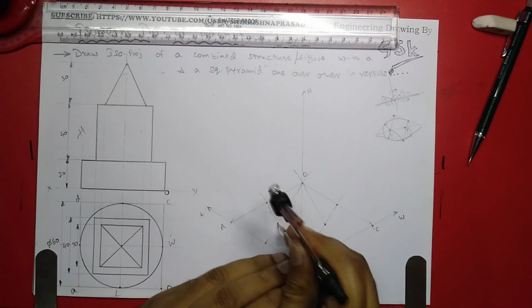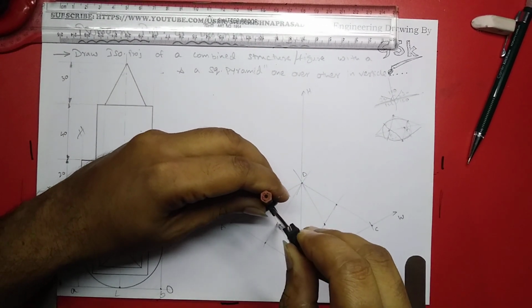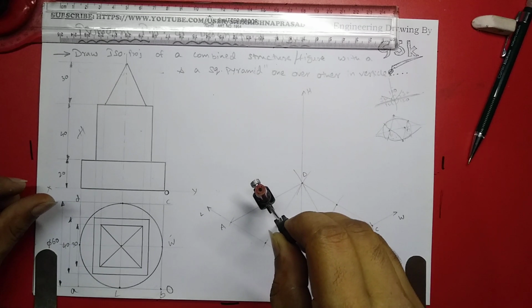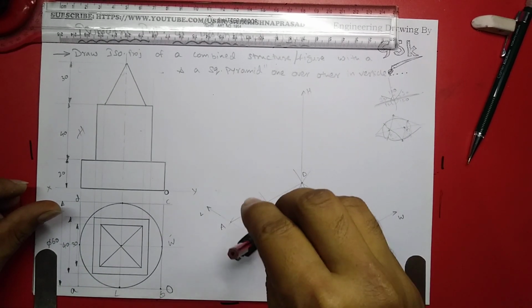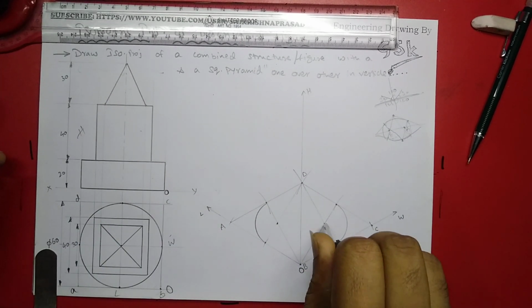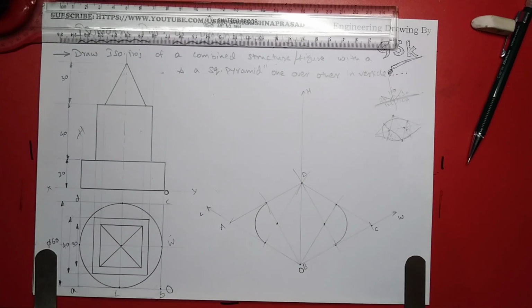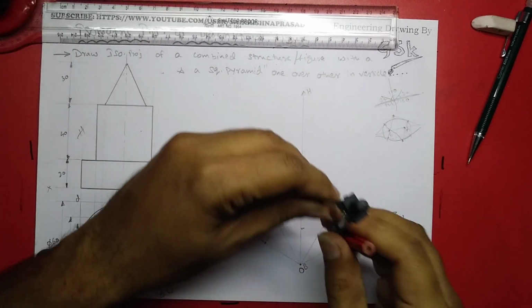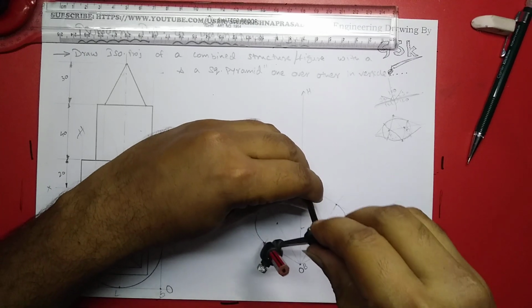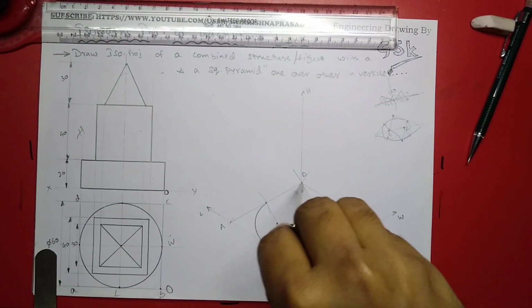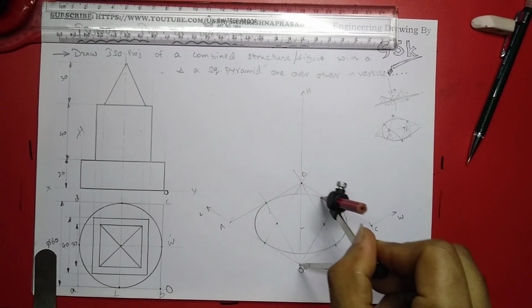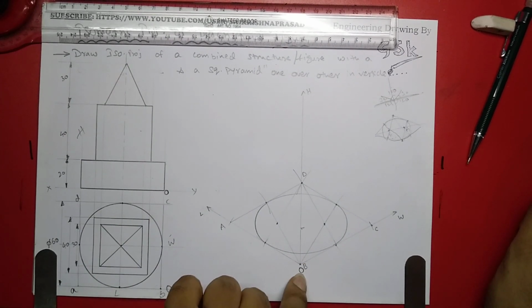Now measure that. We have drawn a circle in isometric structure.